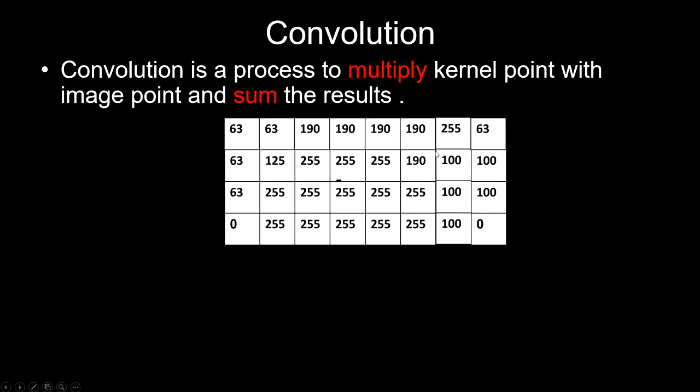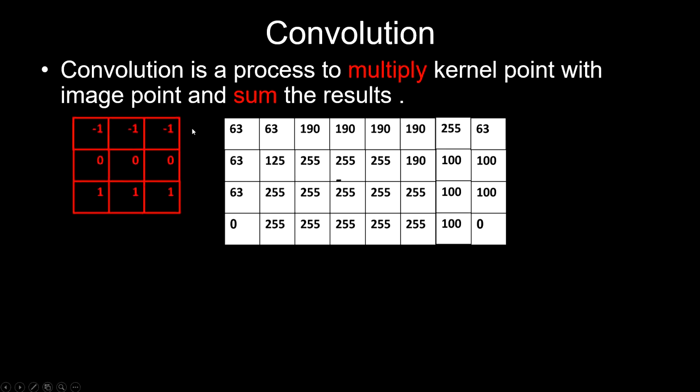So this is a simple example of how we perform the convolutional process. First thing first, we have this type of image, and then we have this type of kernel. This kernel will be used in order to determine the horizontal lines in the image.